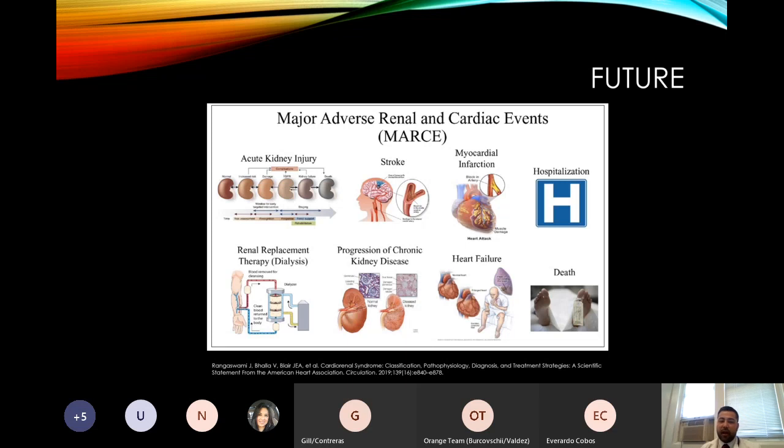And it really is to define what the composite outcomes are and what we are really targeting to prevent. And so this slide is all about major adverse renal and cardiac events, also termed MARCE. So major adverse renal cardiovascular events, this includes a composite of myocardial infarction, need for renal replacement therapy, stroke, heart failure, hospitalizations for cardiac reasons, hospitalizations for renal reasons, and death.